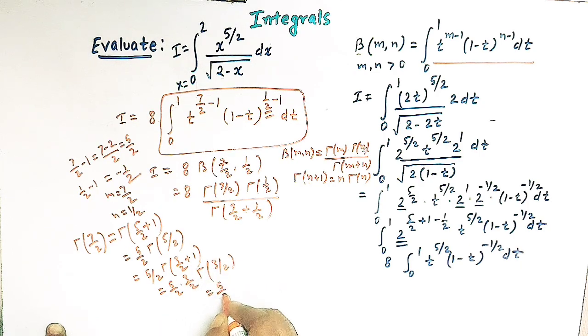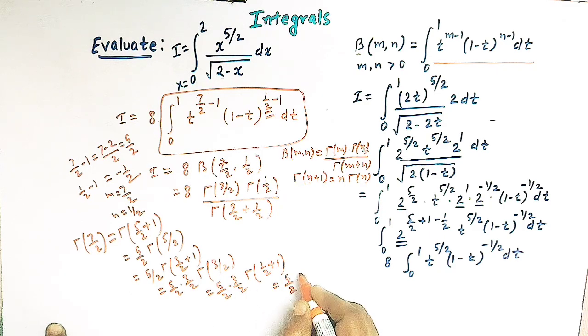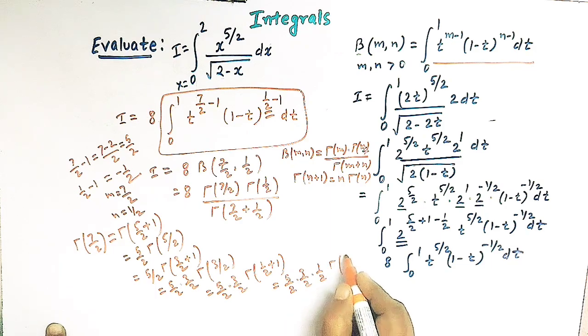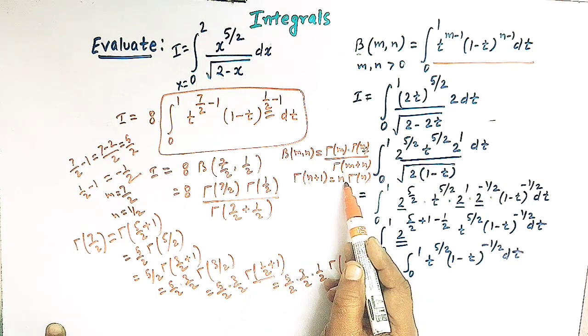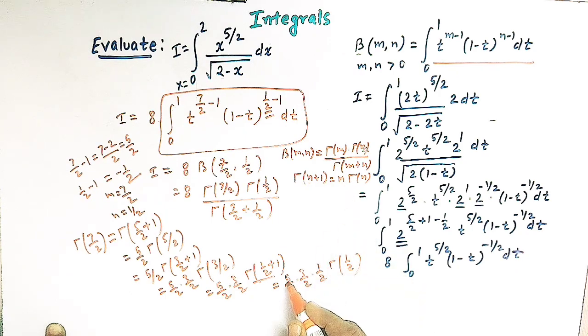Let us further write gamma 3 over 2 as half plus 1. So we can now write 5 over 2 times 3 over 2 times half, and then gamma half. Here again we have used this result, right? So 5 times 3 is 15, and 2 times 2 times 2 is 8, and gamma half is given by square root of pi.